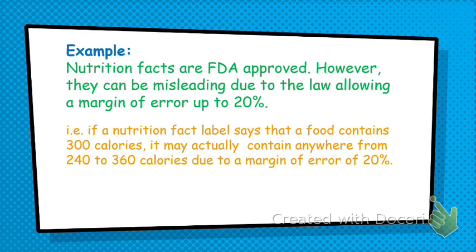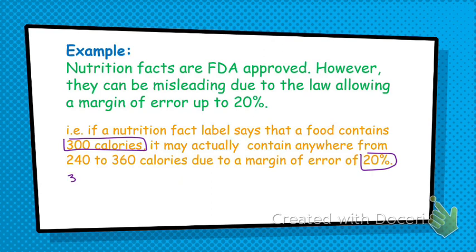How am I getting these figures, by the way? Well, if I'm told that it is 300 calories and I have a margin of error of 20%, remember, margin of error is a range from the smallest to the largest.